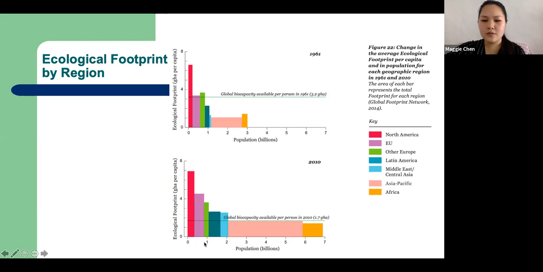So in terms of the amount of resources used over time, we can see that it's generally a small number of people that's using the most resources.